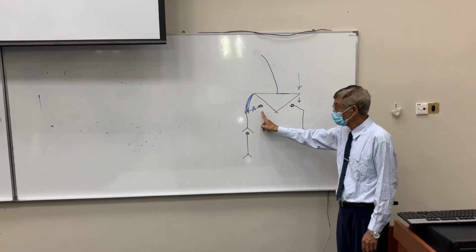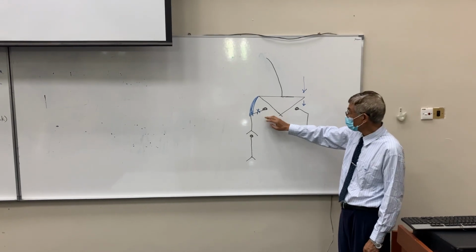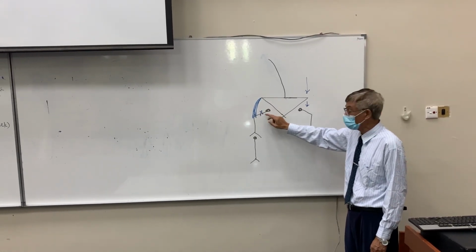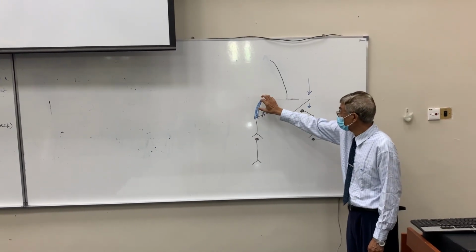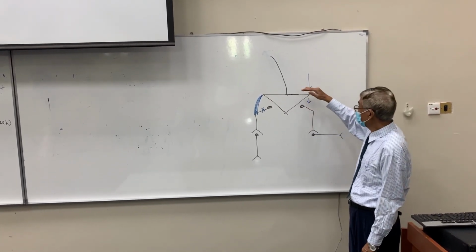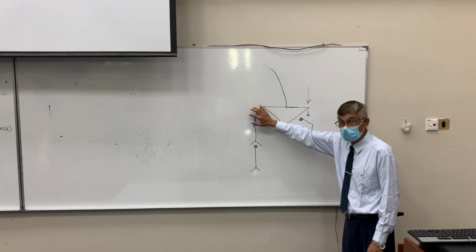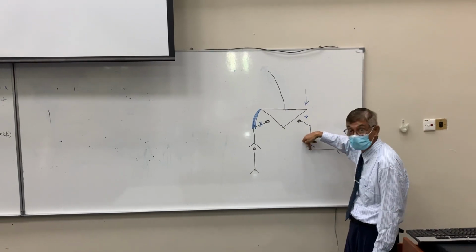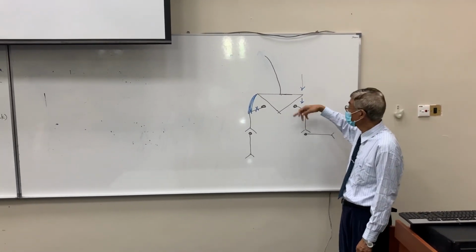But here the abductor mechanism is disrupted, so it cannot control the pelvis going down. So the pelvis will go down.